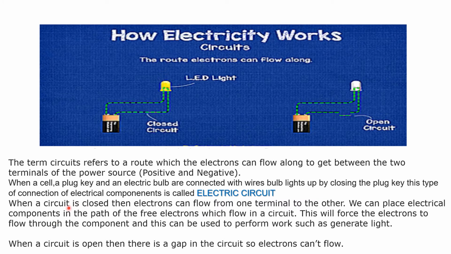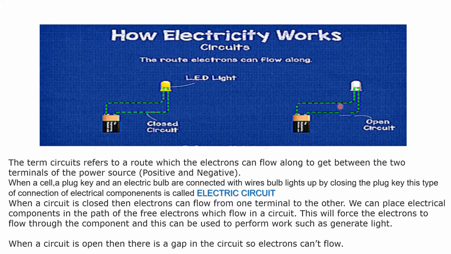So when a circuit is closed, the electrons can flow from one terminal of the cell to the other terminal of the cell. We can place electrical components in the path of free electrons which flow in a circuit. This will force the electrons to flow through the component, that is the bulb, and this can be used to perform work such as generate light.